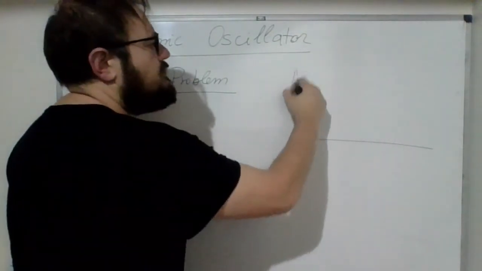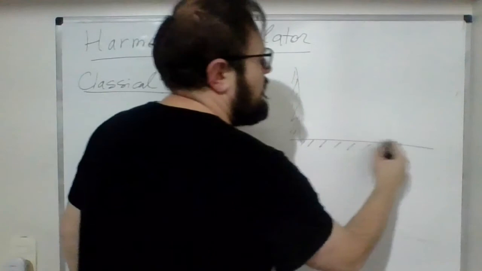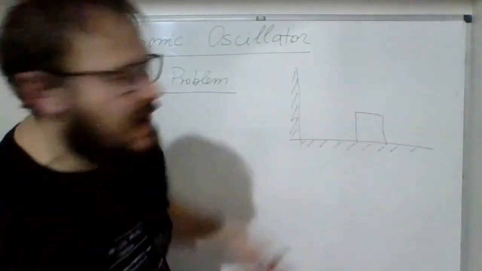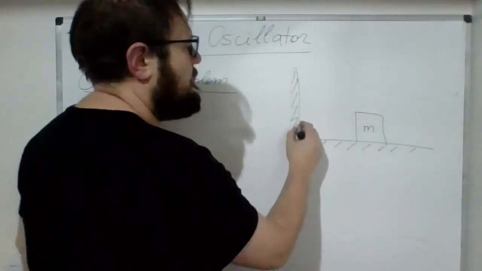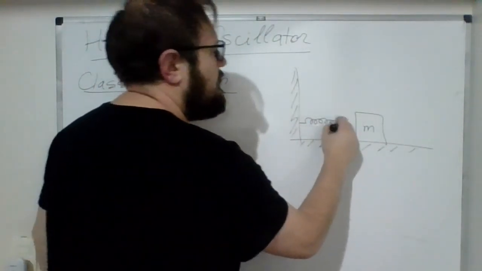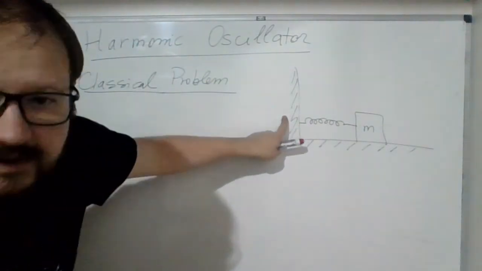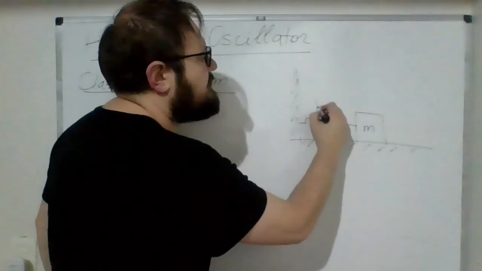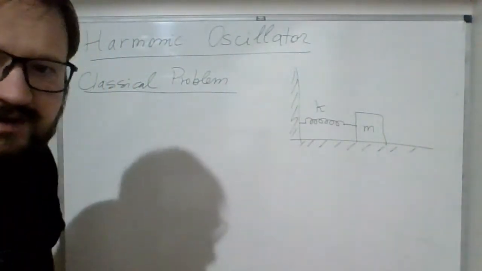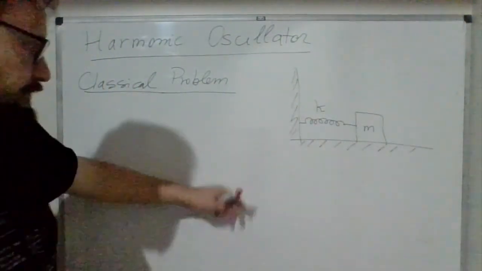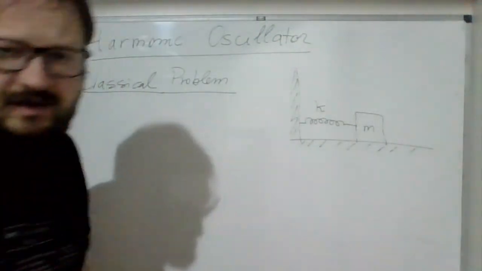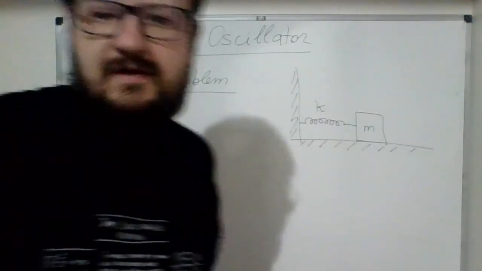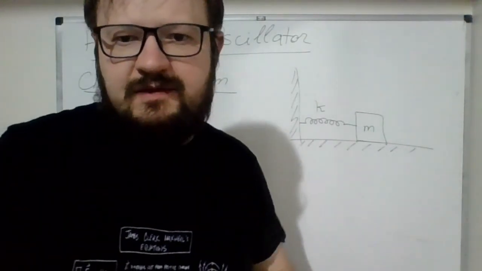It's just a body of mass m, which is linked to a rigid wall. It is connected to the rigid wall by a spring of constant k. Say this is the spring constant. And this mass is allowed to move here, all right? Neglect all gravitational effects, neglect friction.